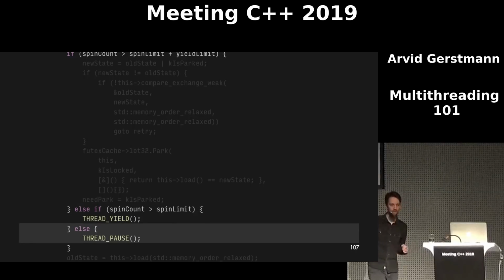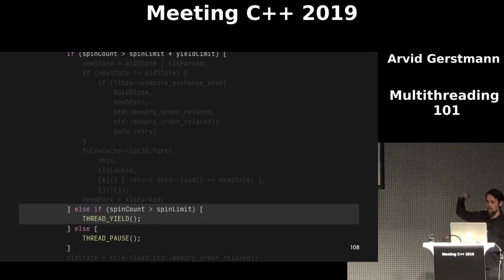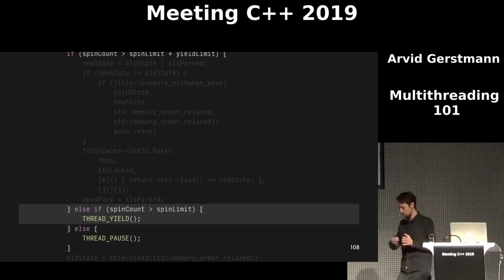So thread pause is faster than yield, and yield is faster than suspending. Therefore, this is the hierarchy of steps we do. It's kind of like a waterfall. At first we spin for a while. If we can't spin anymore, we yield. If we can't yield anymore, we suspend. And this is all because we want the fast path optimized to be as fast as possible.